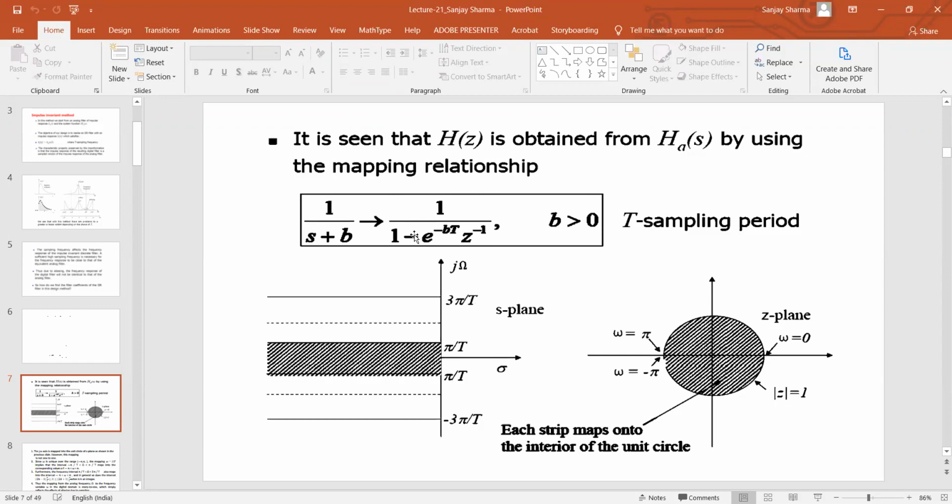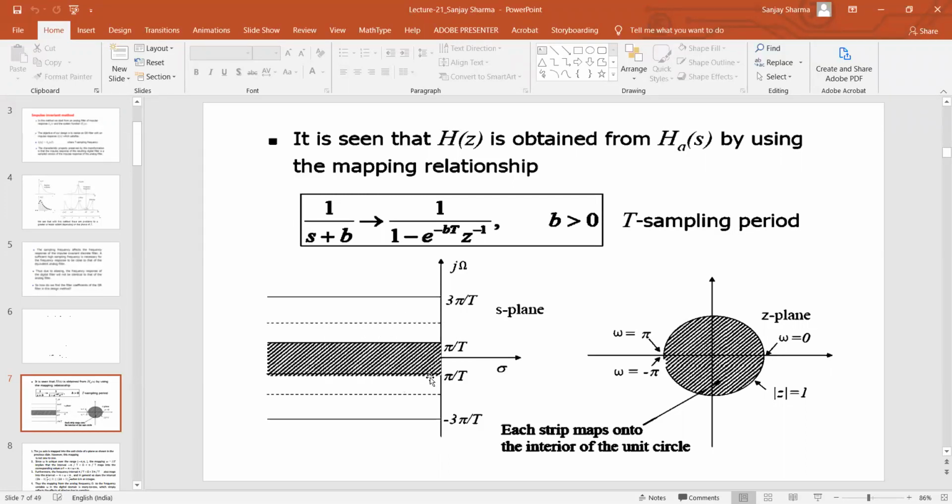Now, in the impulse invariant method, if you start putting the values, we divide the complete S plane into strips.